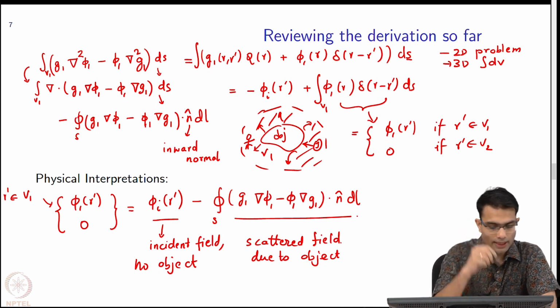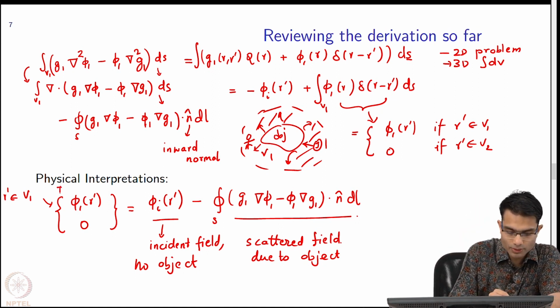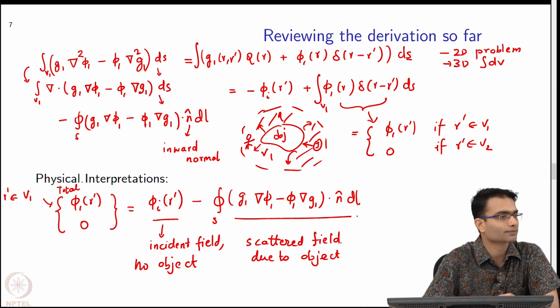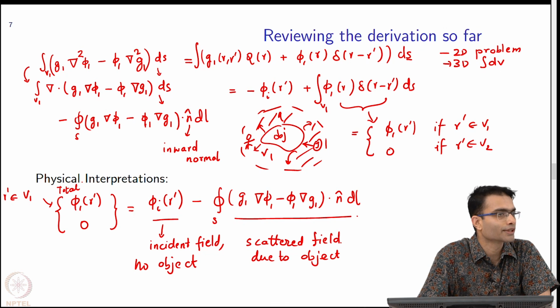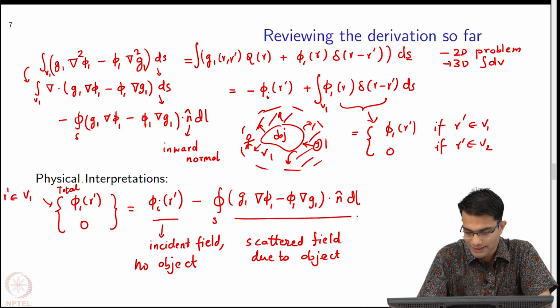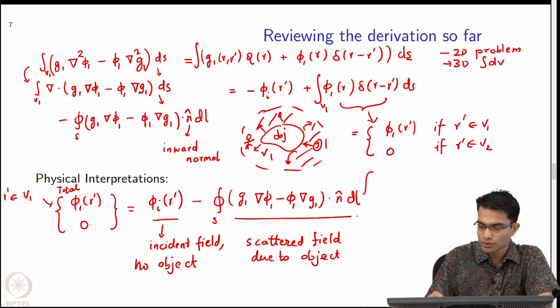Right. And on the left hand side, this thing over here is what is called the total field. So total field is the sum of incident and scattered field. Okay, intuitively that always made sense, but now we are seeing it mathematically. Okay, this, as I mentioned, is also known as the mathematical form of Huygens principle.